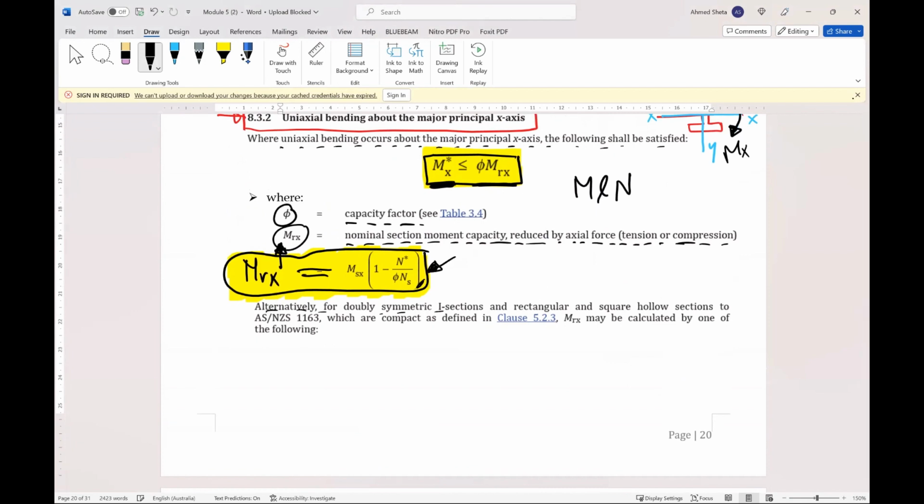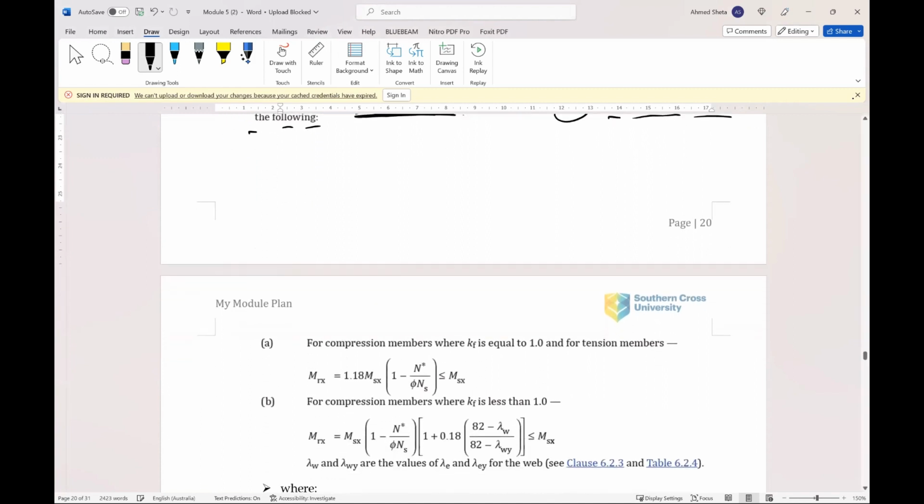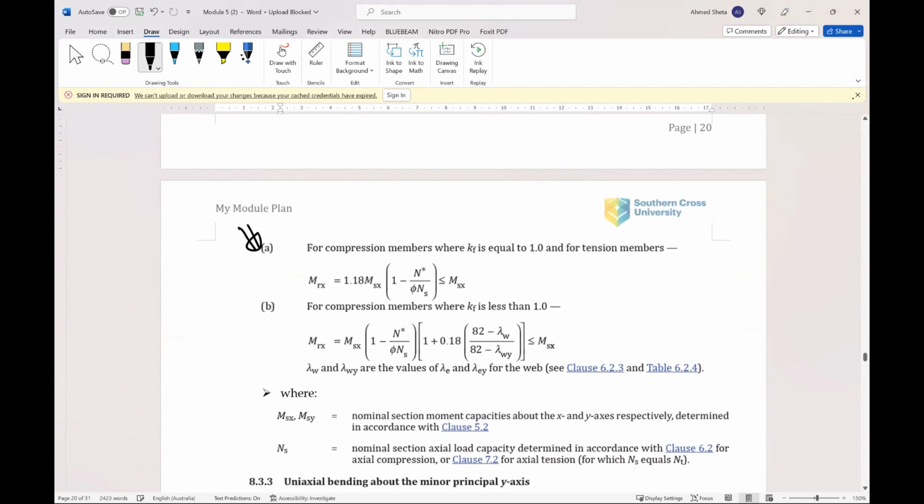Alternately, for doubly symmetric I sections or rectangular and square hollow sections which are compact, Mrx can be calculated as one of the following. So this is the general one, but in some cases you can use the following values.